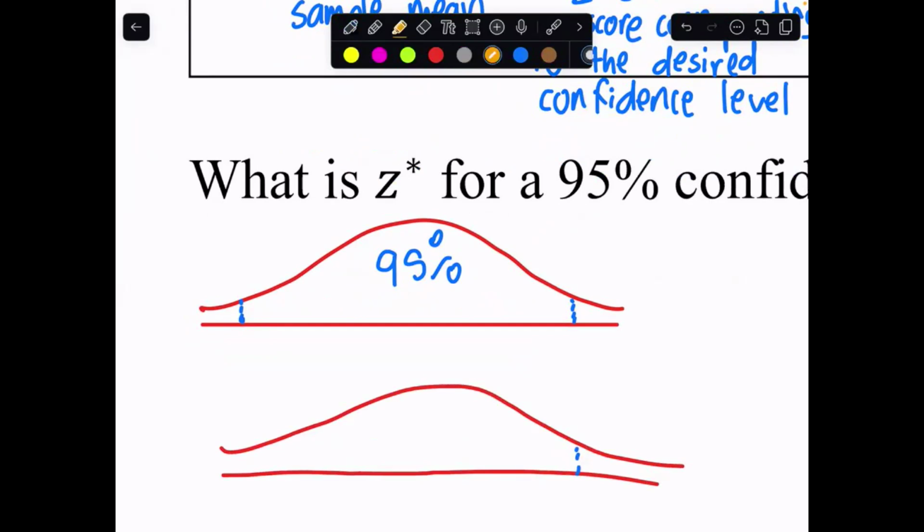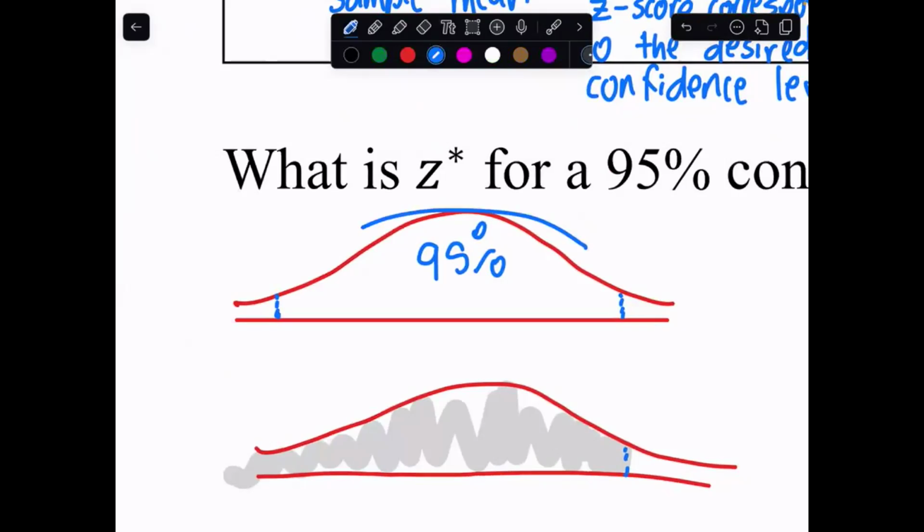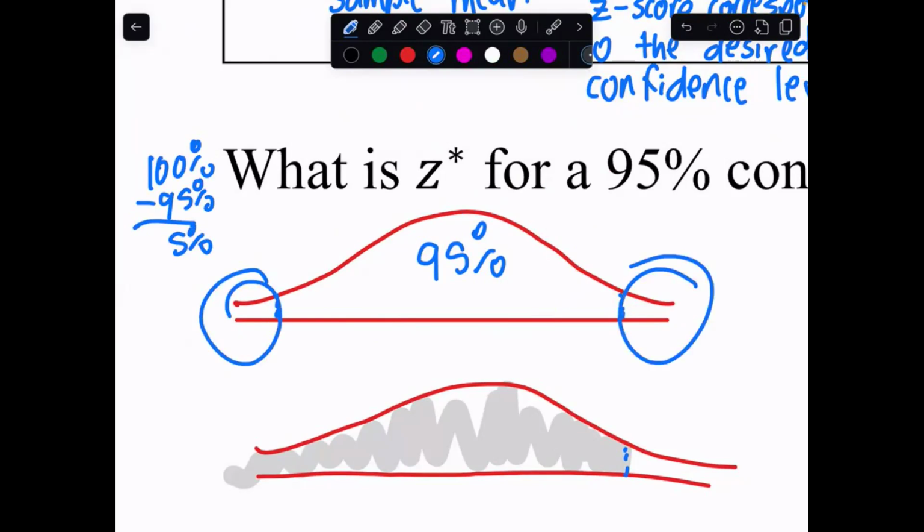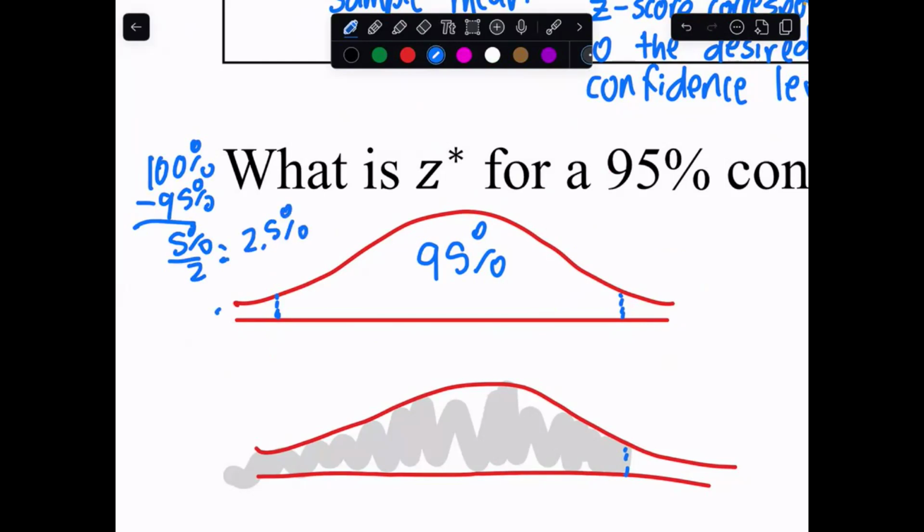Well, if this is the middle 95%, the remaining 5% has to be evenly split between these two tails. The full curve is 100%, we've already used 95%, that leaves 5%. Split evenly because it's symmetrical, so divided by 2, each of the two tails is 2.5%.